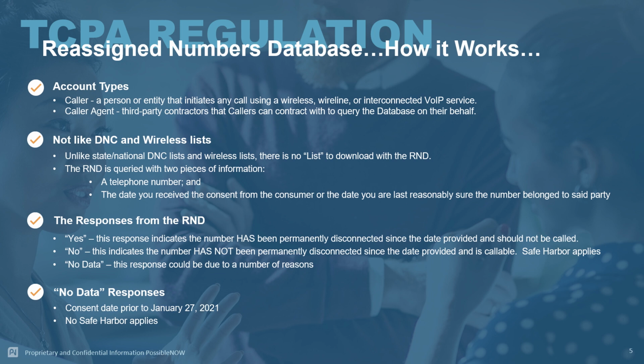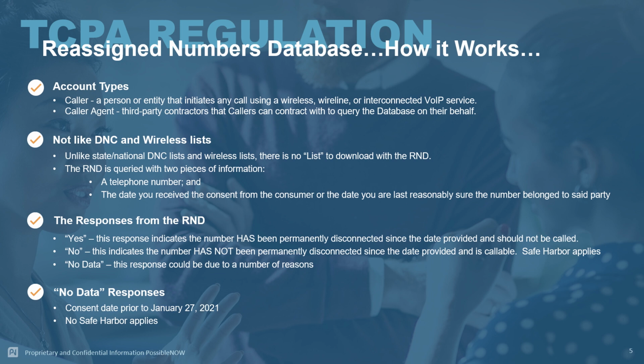So when you query the R&D with those two pieces of information, you're either going to get a yes, a no, or a no data response, right? The yes is telling you that number has been permanently disconnected since the date you provided, and it should not be called. A no response indicates that the number has not been permanently disconnected since the date you provided and is callable, and that's where the safe harbor is going to apply.